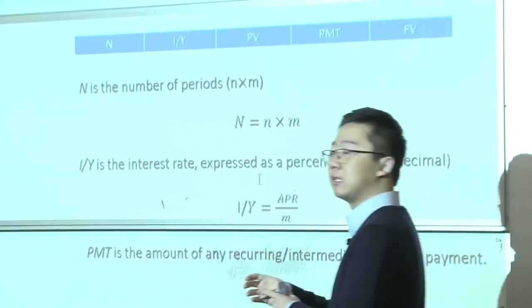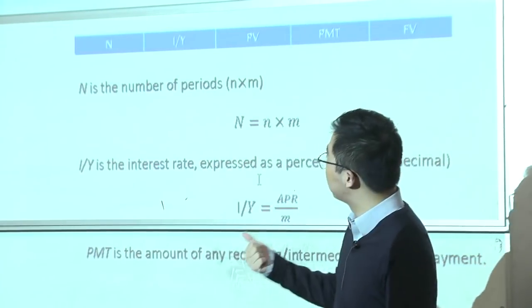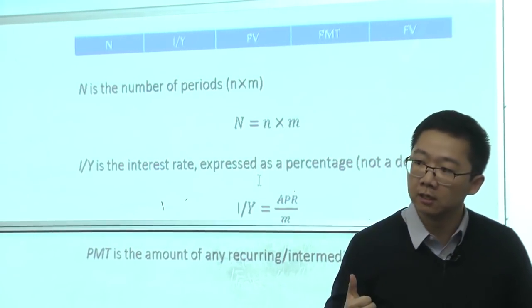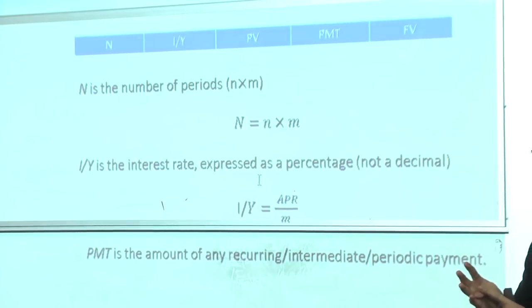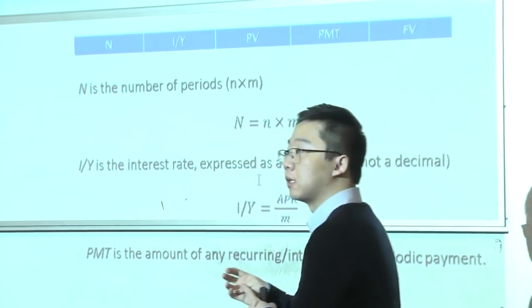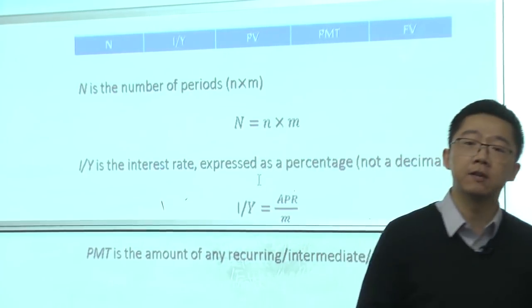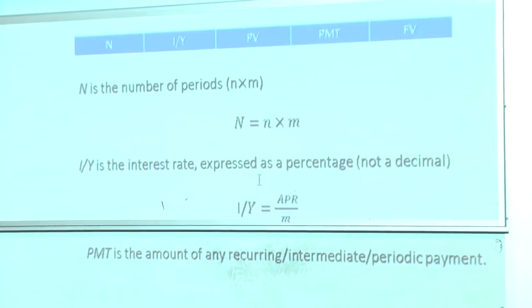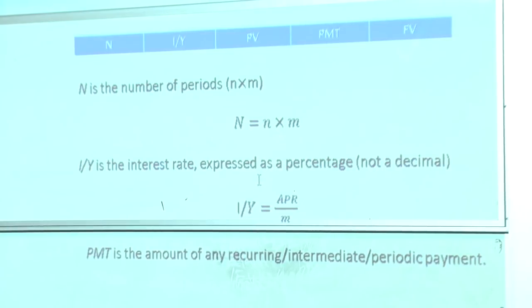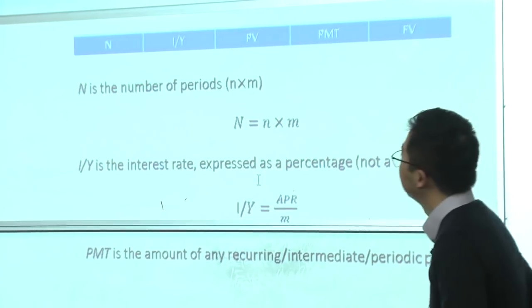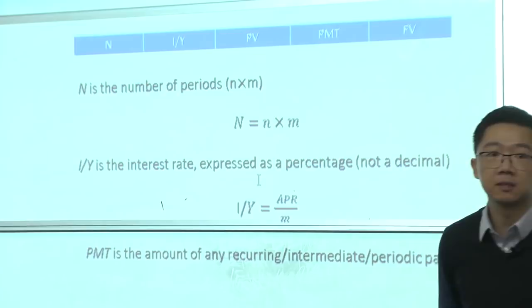Or say it's a quarterly compounding, the N should be the number of quarters. So that is equal to the number of years multiplied by the compounding frequency. Say it's a 5-year investment with a quarterly compounding. How many periods in total? 4 multiplied by 5, so it's 20 periods.